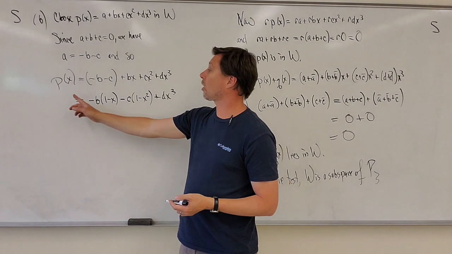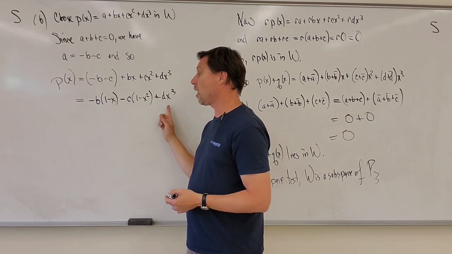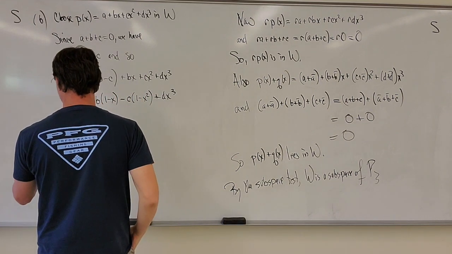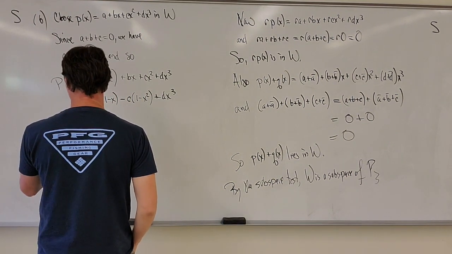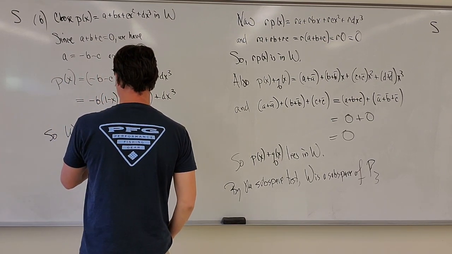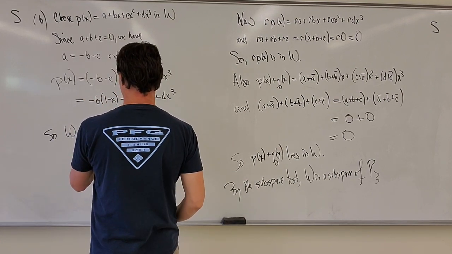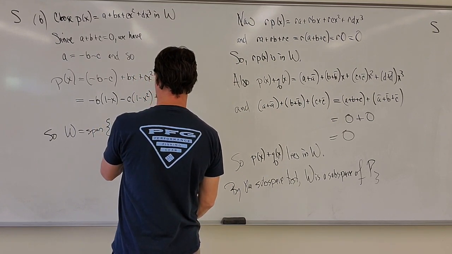We've shown that our arbitrary polynomial P can be expressed as a linear combination of these three polynomials. So W is equal to the span of the set of polynomials 1 minus x, 1 minus x squared, and x cubed.